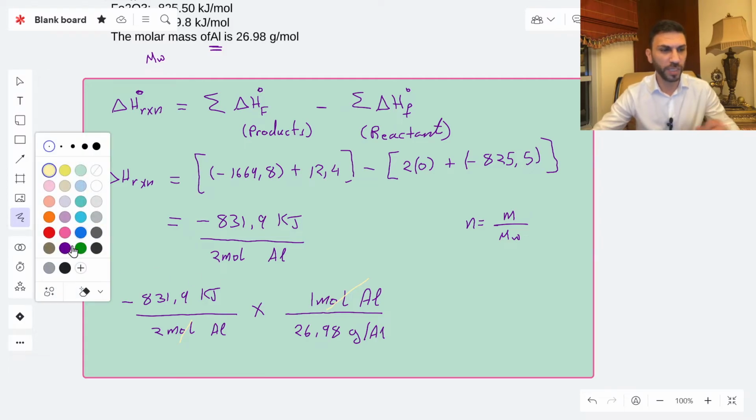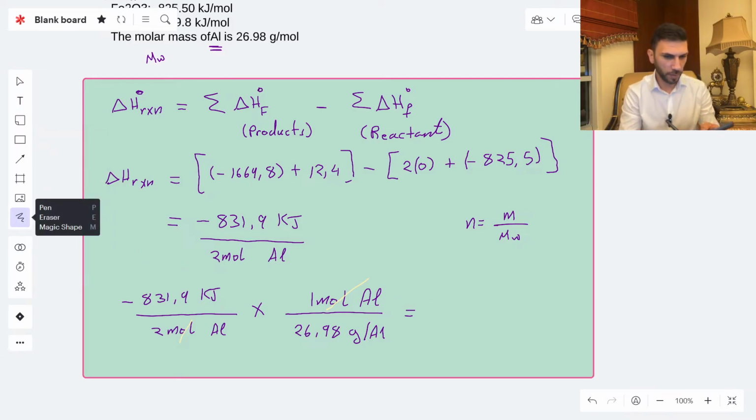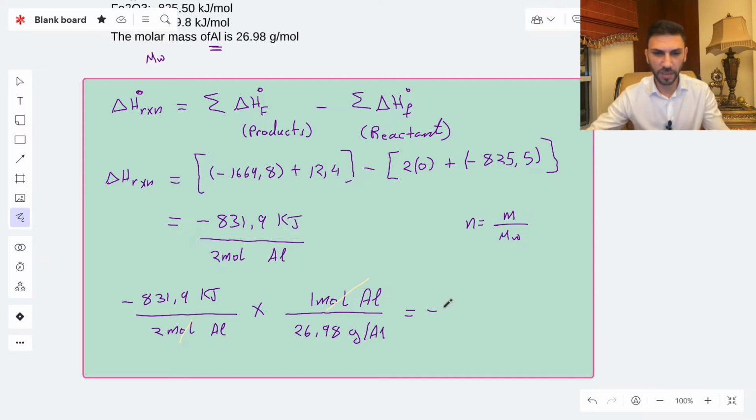So doing the math now, which equals negative 15.42 kilojoule per gram Al.